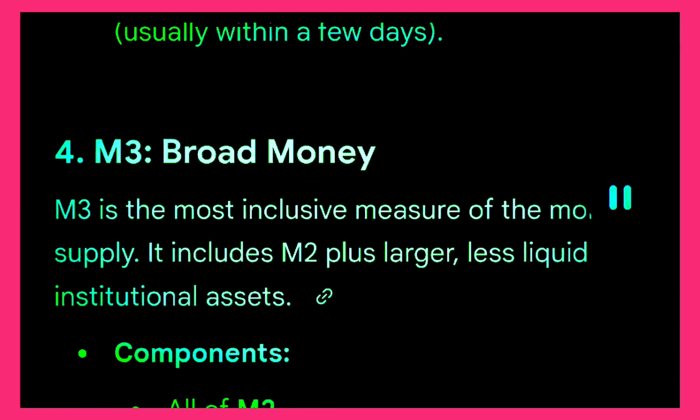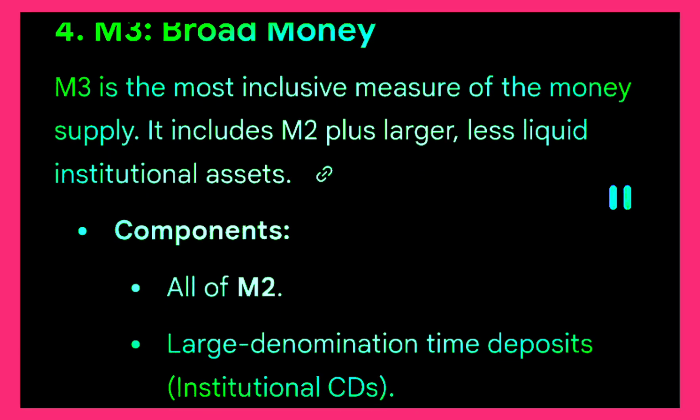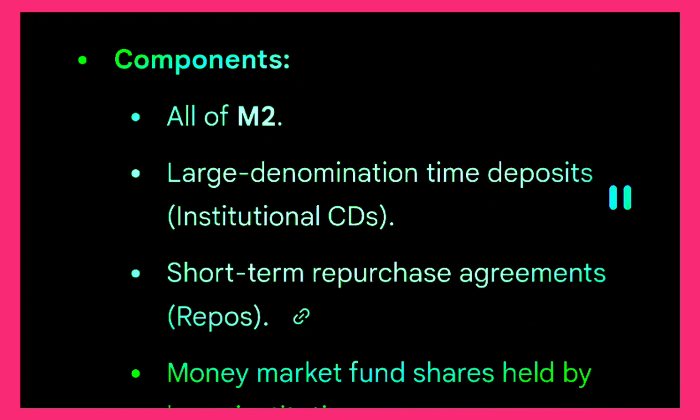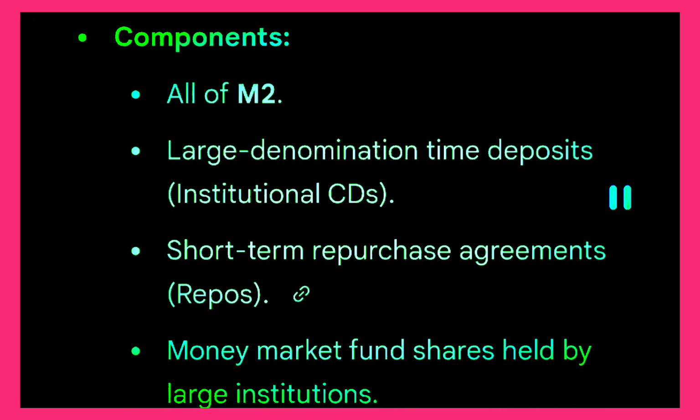4. M3, broad money. M3 is the most inclusive measure of the money supply. It includes M2 plus larger, less liquid institutional assets. Components: all of M2. Large denomination time deposits, institutional CDs. Short-term repurchase agreements, repos.